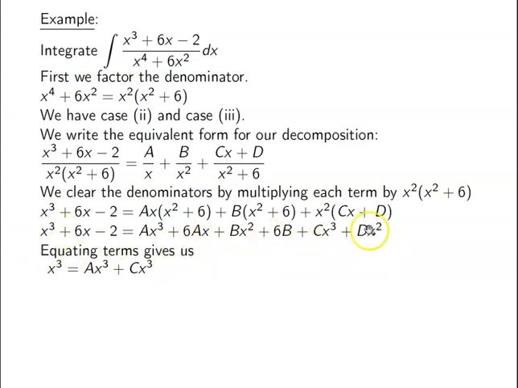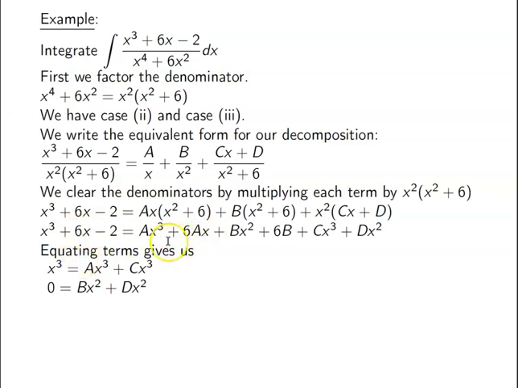So this 1x cubed has to be equal to the ax cubes plus cx cubes. Sorry, I'm skipping one. There's no x squares on this side, but I do have two x squares over here. So bx squared plus dx squared has to equal 0.